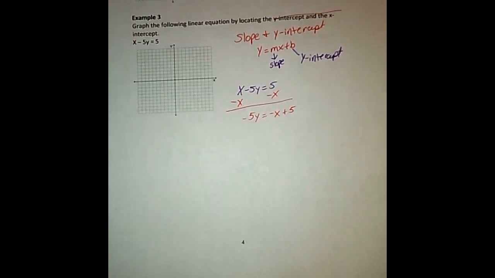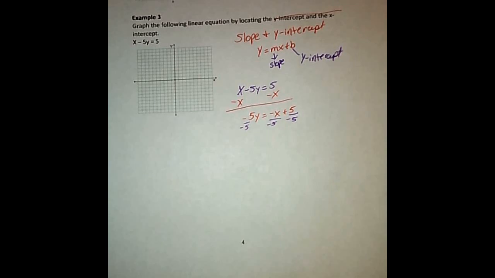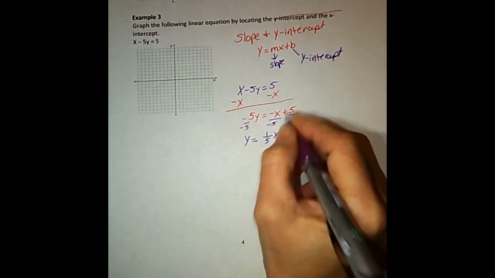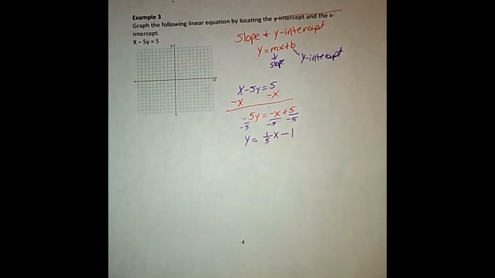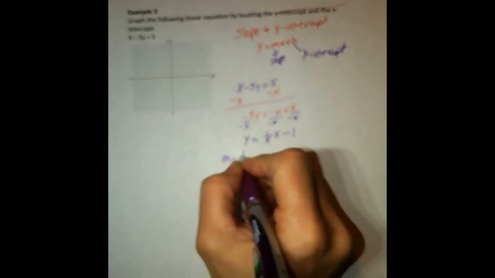And now I need a +1 coefficient on y, and in this case here we have a -5, so let's divide it by -5, but what I divide I have to do all parts by. So now I have y is equal to, negative divides negative is positive, 1/5 x, negative and positive gives me a -1. So my slope here is 1/5.